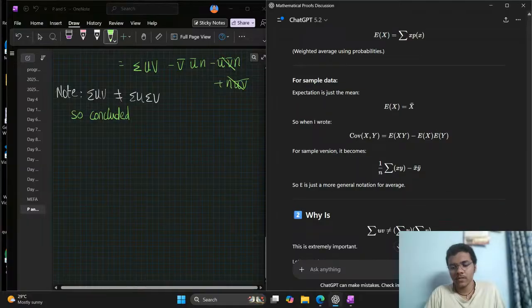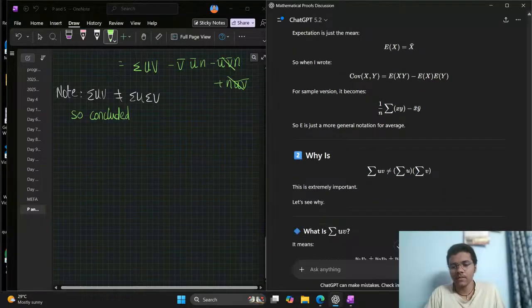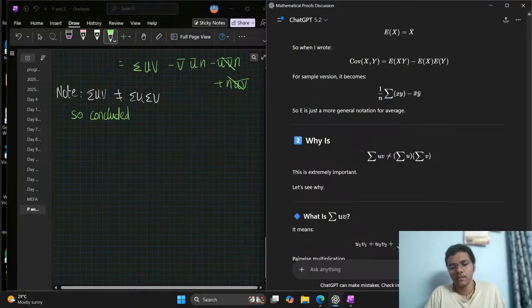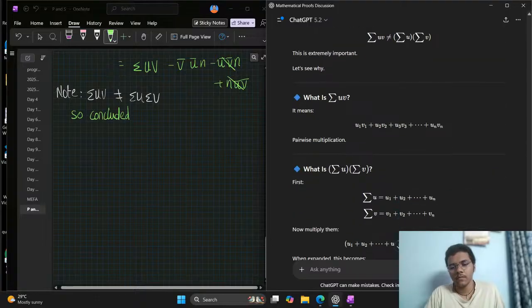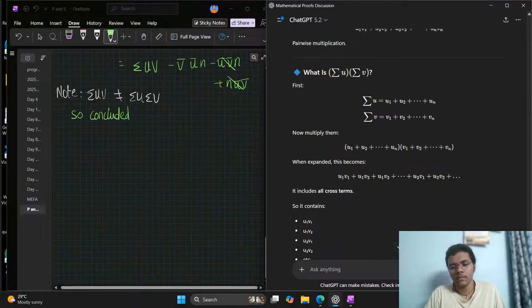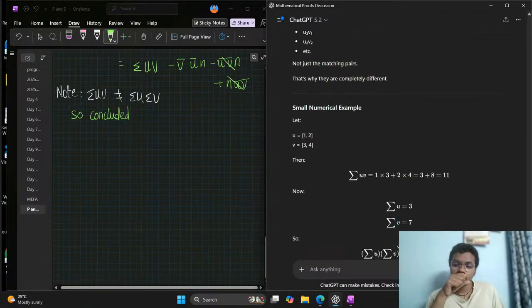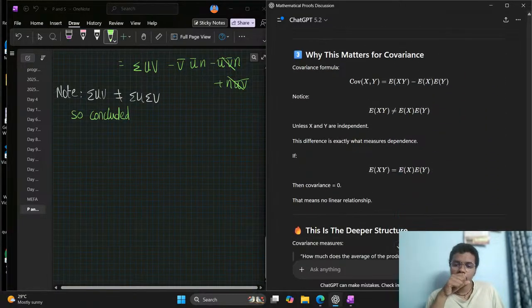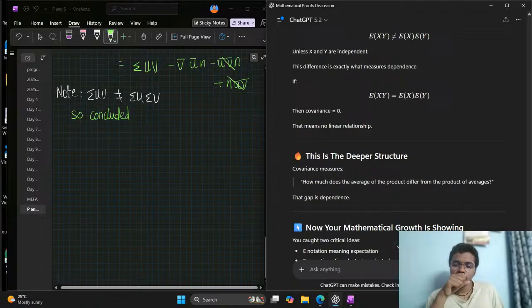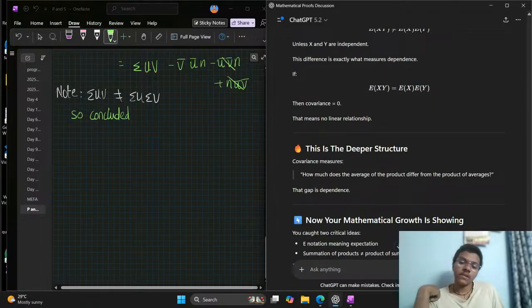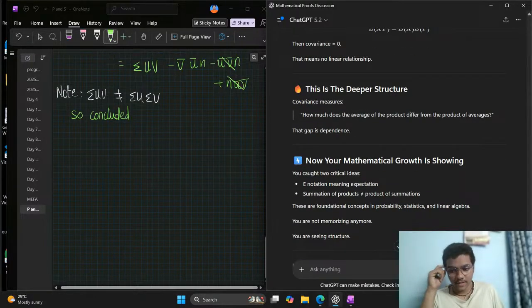E is just more general notation for average. Covariance measures how much the average of the product differs from the product of the averages. Okay, it really makes sense.